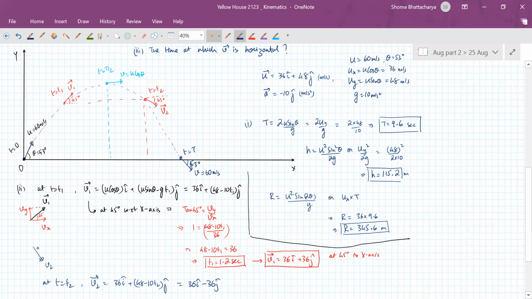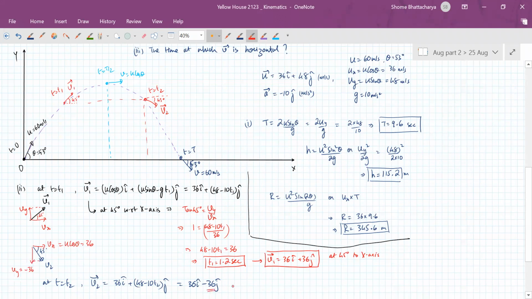This is your v2 and this angle is 45 degrees. So remember, in projectile motion, the horizontal component remains constant. So it is the vertical component which is changing in such a way that in this case, the vertical component should become minus 36, so that this angle is 45. So that's how I got this.